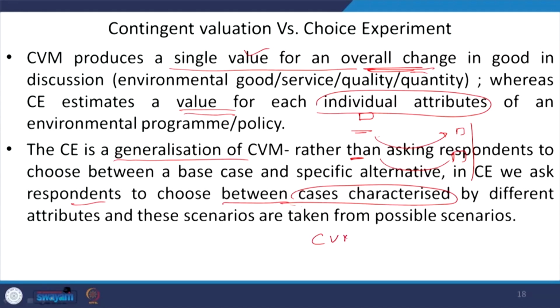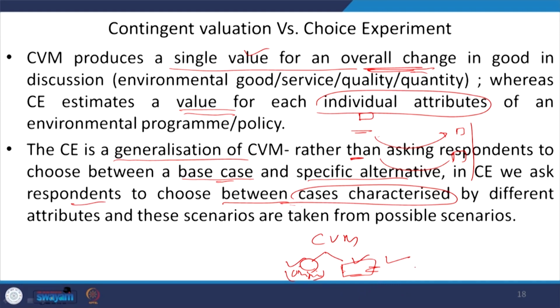So, in CVM we are just having two alternatives: one is your baseline, the original or status quo scenario that exists, and the second one is the first alternative only, that is under discussion. The respondents choose which one is better, and if the alternative is better, then what is the welfare change.